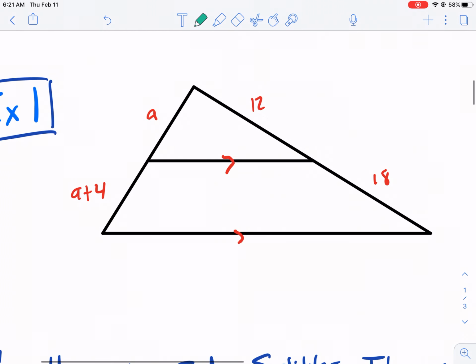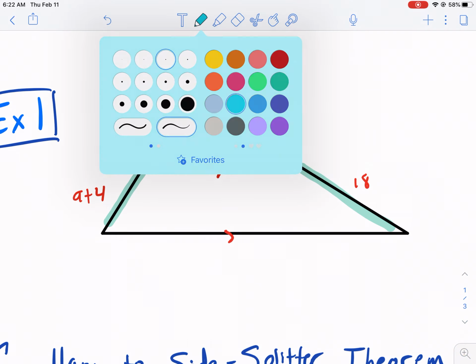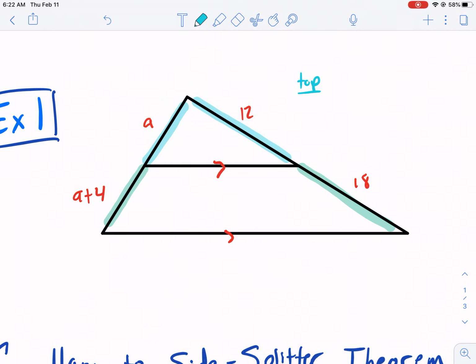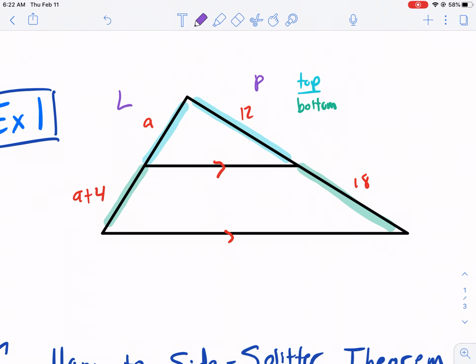So here we have a triangle and we see that we have two parallel lines here, okay? So we have the side splitter theorem at play. So we know the ratio of these top two segments to their corresponding bottom segments are going to be equal ratios. How can we set this up? Well, we can say the top segment to the bottom segment will be equal on both the left side of the triangle and the right side of the triangle.